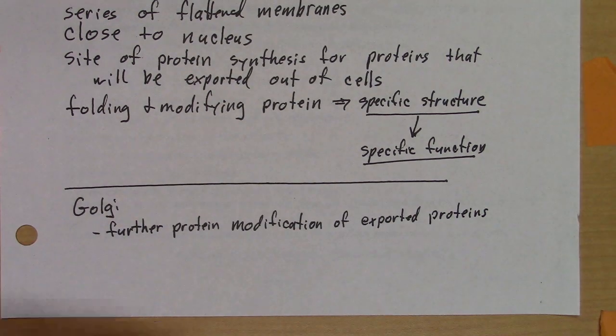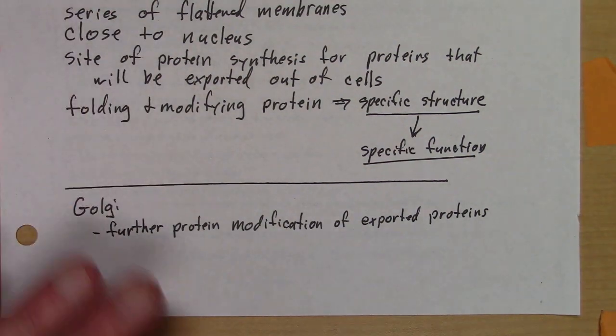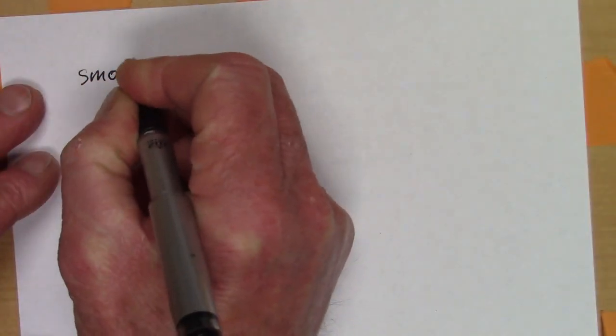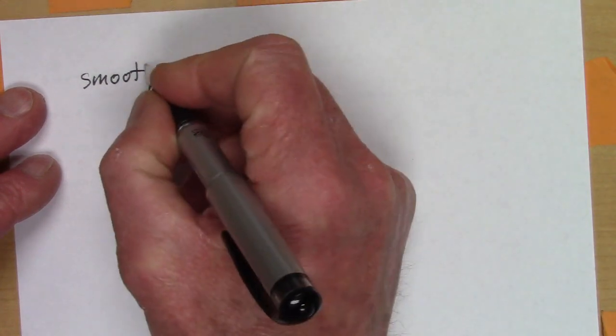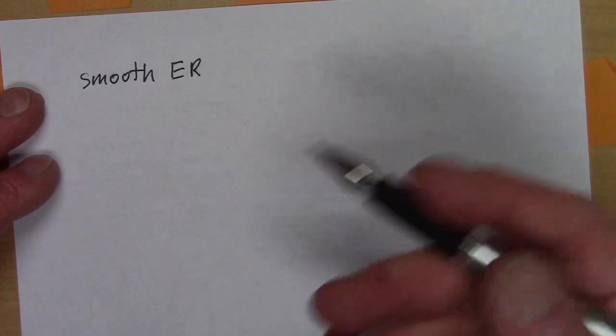Okay, let's talk about the smooth endoplasmic reticulum. Again, refer back to the figure that's in your text. The smooth ER. So again, this is structure and function.